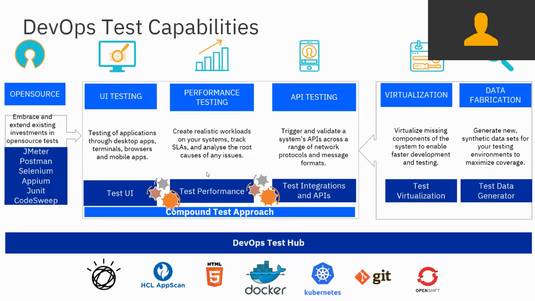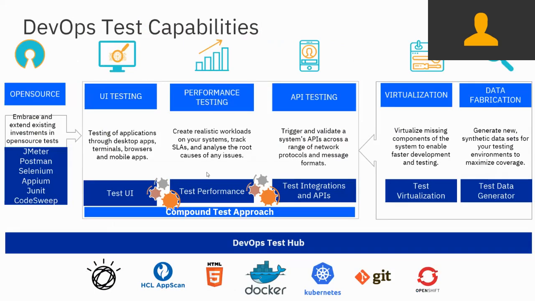So for DevOps Test now, capabilities stay the same. We still have the UI testing, performance testing, and API testing, all encapsulated into our test workbench that is now called DevOps Test Workbench.